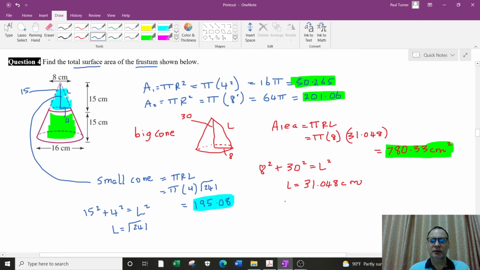So the required lateral area is 780.33 minus the small cone, which has been removed, 195.08.